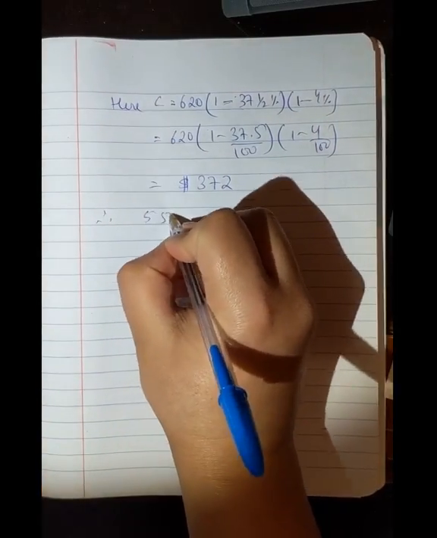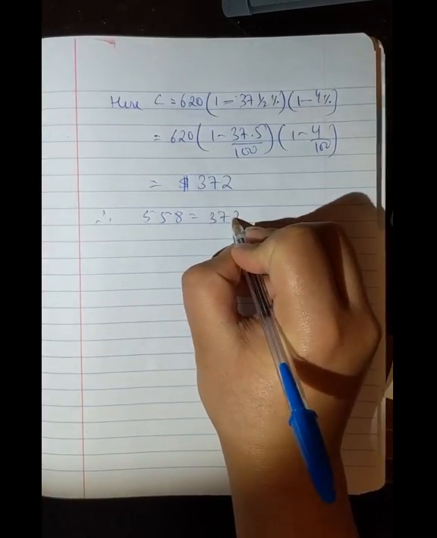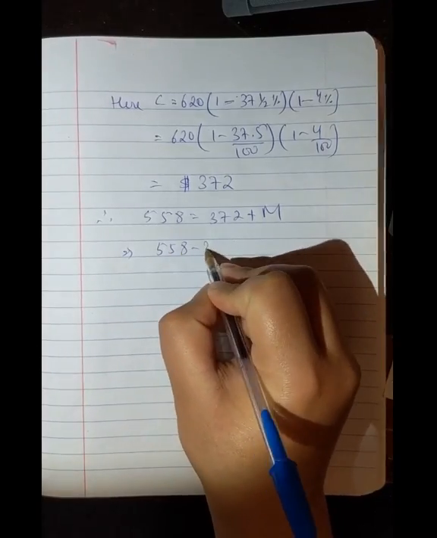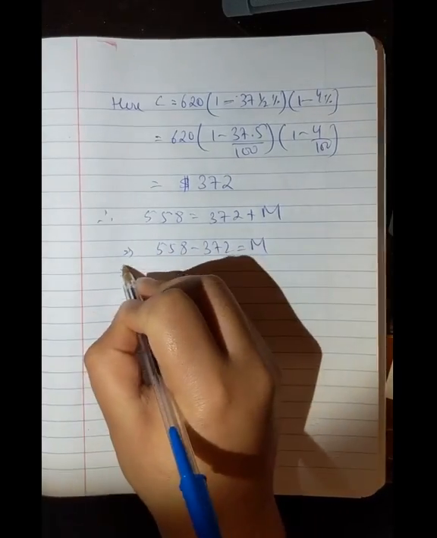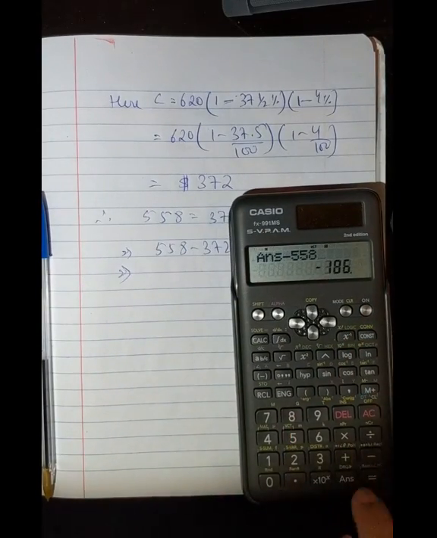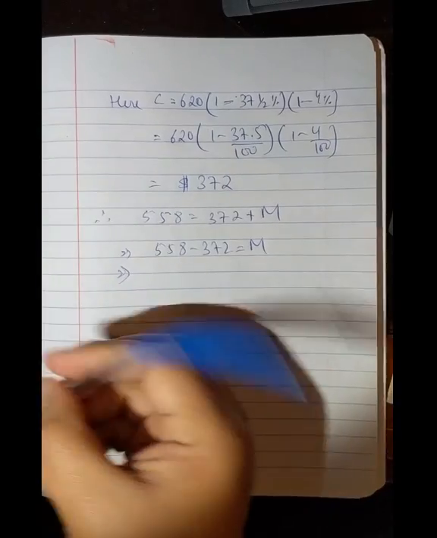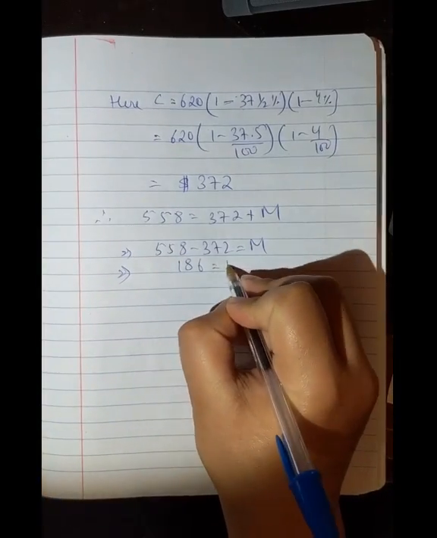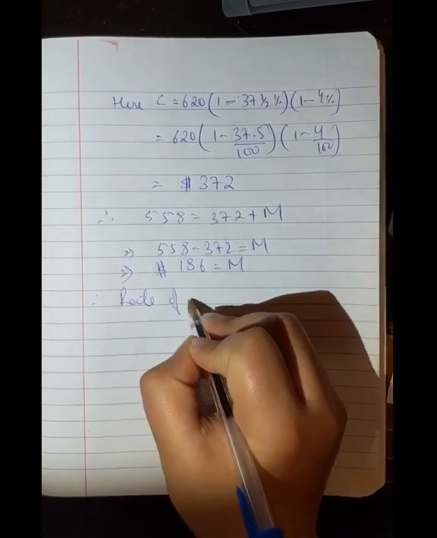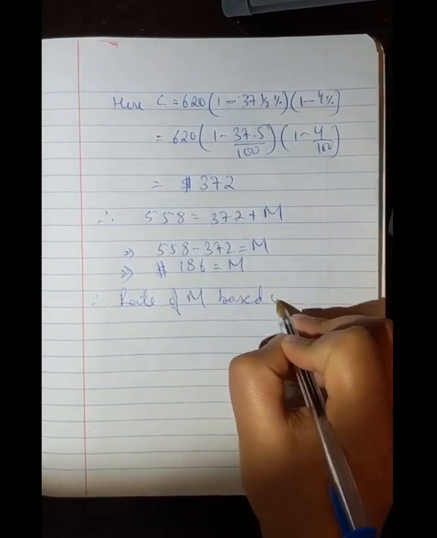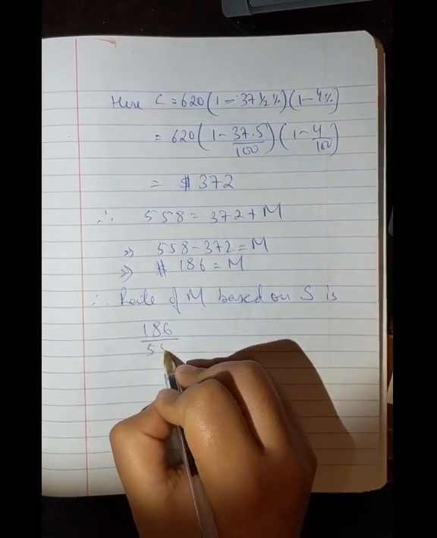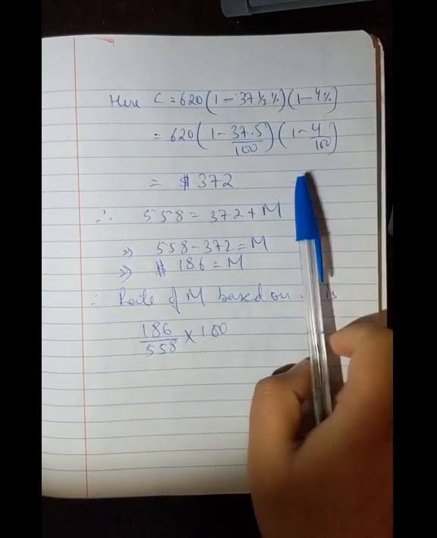I'm going to plug in S and C here to find M. Therefore 558 equals 372 plus M. So 558 minus 372 equals M, which is $186. So markup is 186. Therefore, rate of M based on S is 186 divided by S, which is 558, times 100.